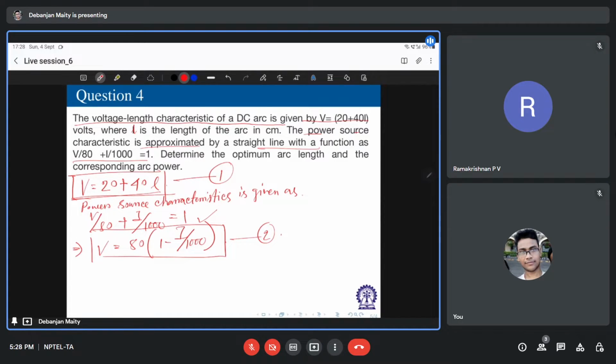Now, what you need to determine? You need to determine the optimum arc length and the corresponding arc power. So somehow we need to calculate the power in terms of length, right?